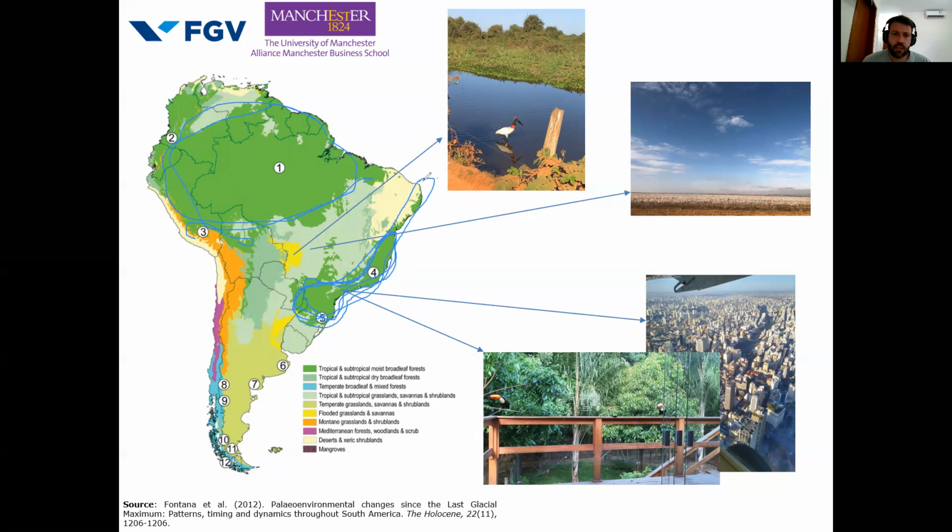Okay, this part of South America is where we have the most part of the Brazilian population. Actually, the big cities in Brazil are located in the coast.